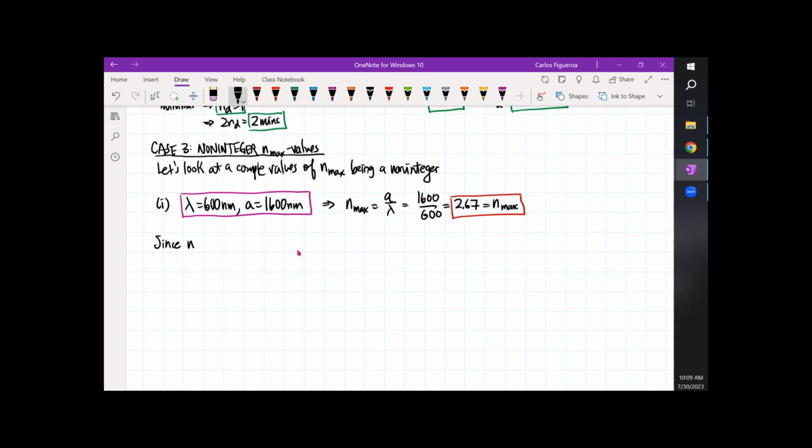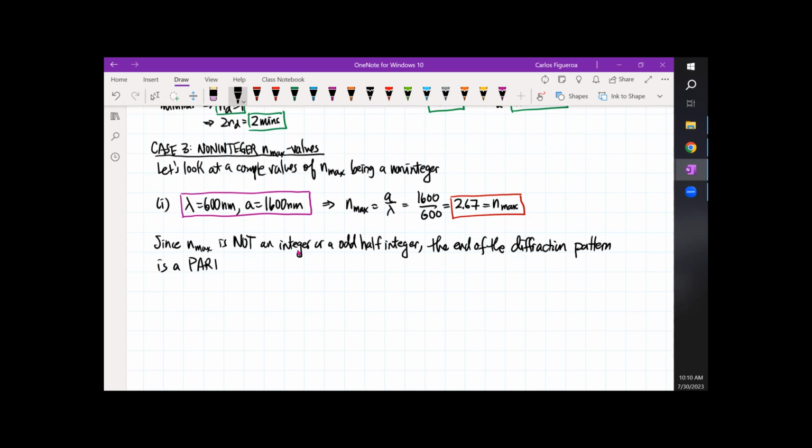Since Nmax is not an integer or an odd half integer, the end of the diffraction pattern is a partial maxima.